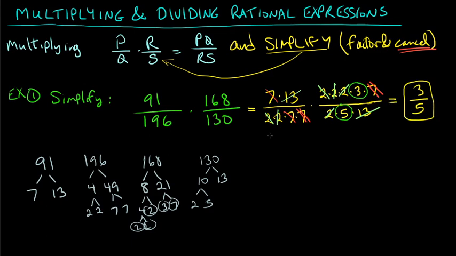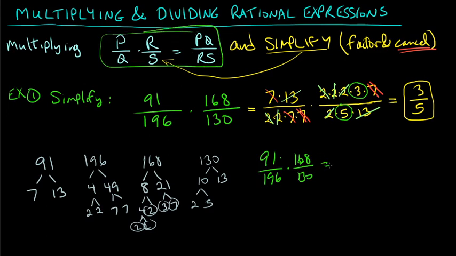Okay, so this is the way you should be thinking of it: factor everything first, cancel everything, and then multiply whatever's left over. In this case, it's just 3 over 5. Because if you take the original problem too literally, 91 over 196 times 168 over 130, you would multiply 91 times 168 and then divide by 196 times 130.